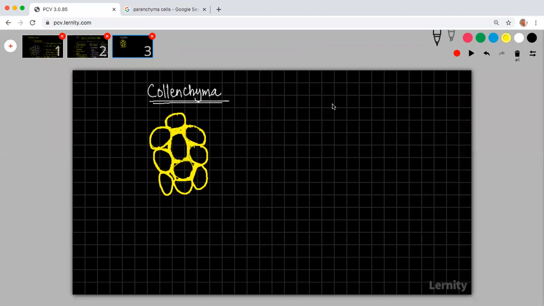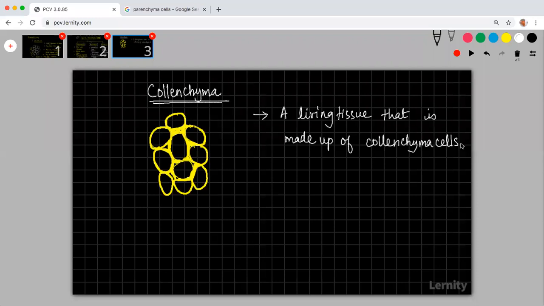So coming back, collenchyma is a living tissue that is made up of collenchyma cells. The cells are elongated.